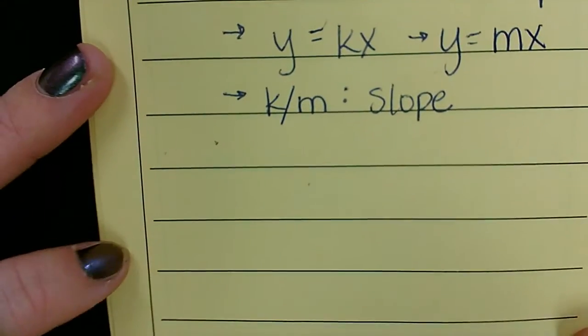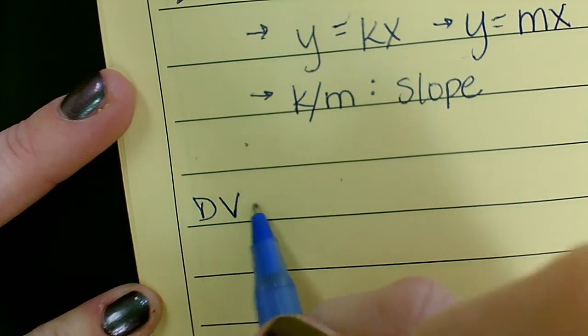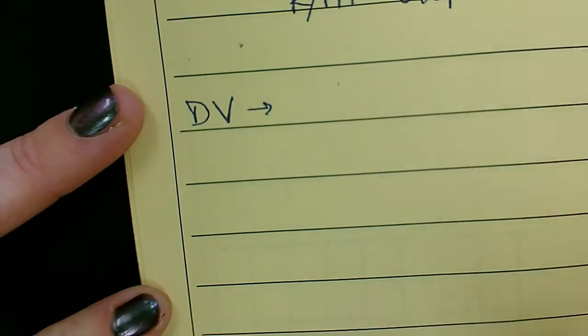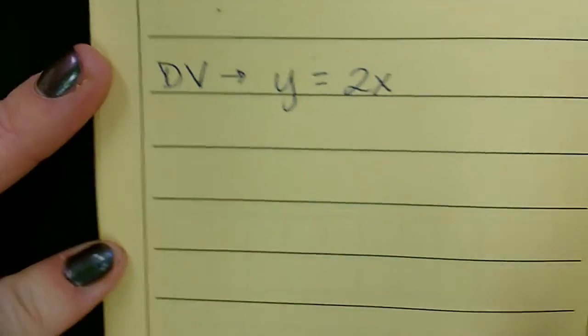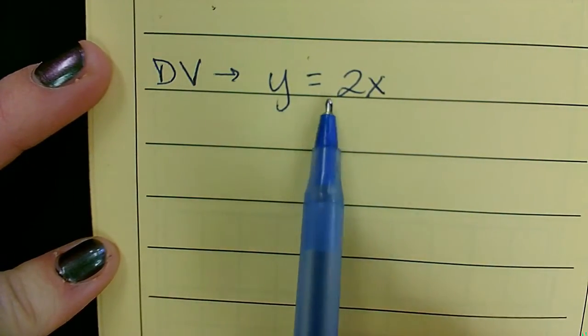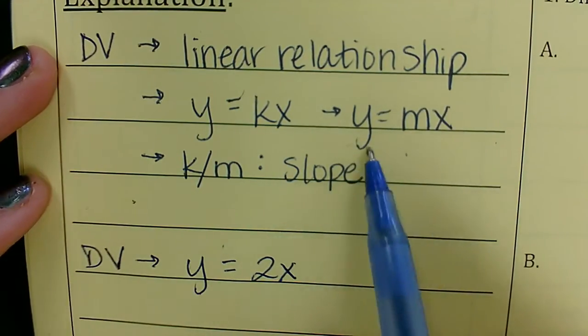So an example of a direct variation would be something like y equals 2x, okay? I have my y equals 2x, that's the same form as the y equals mx, which I know I need for direct variation.